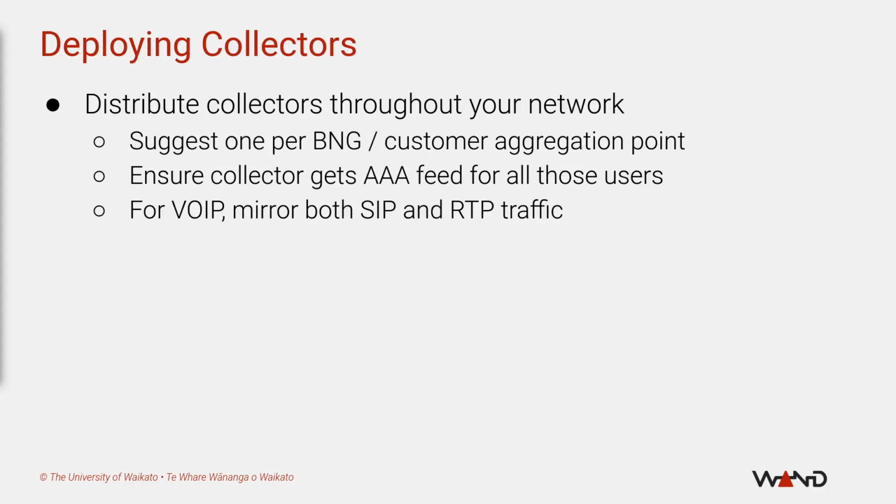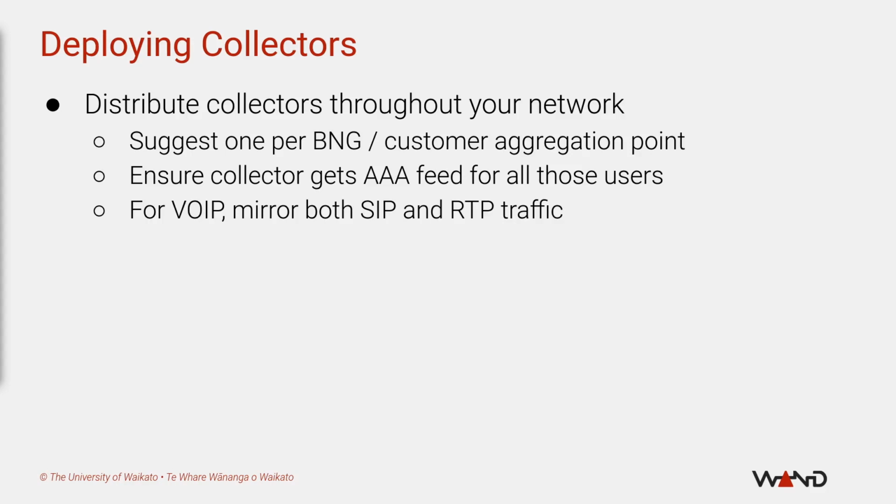One key design feature of OpenLI is that you can distribute multiple collector instances throughout your network, rather than relying on one single large collector to handle all of your traffic. We typically suggest that you deploy one collector instance alongside each major customer aggregation point in your core network, such as a BNG or whatever equivalent you happen to use.